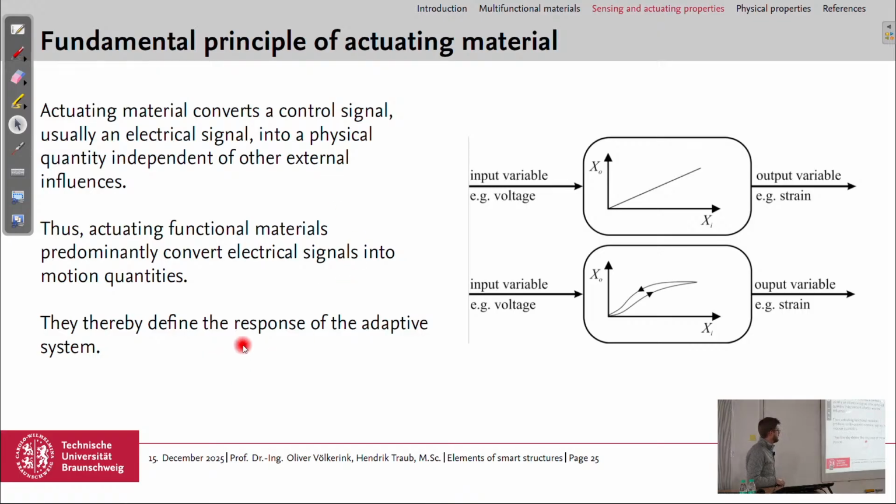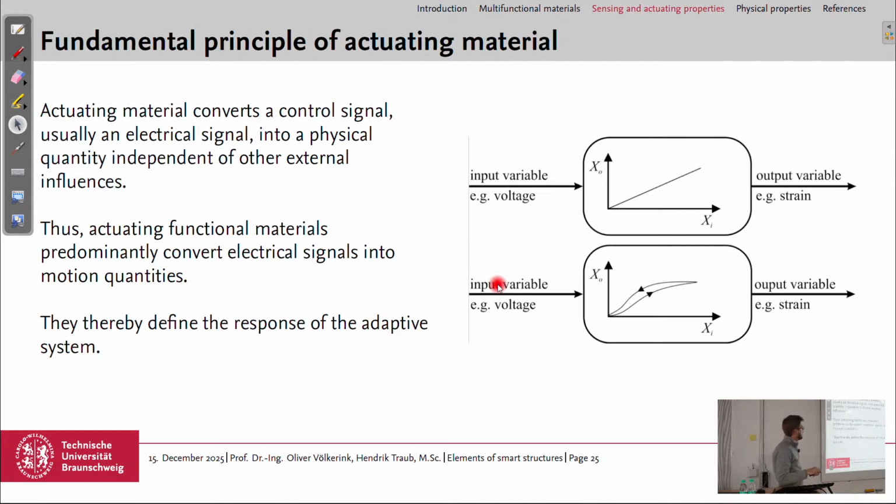And with this, we define the response of the adaptive system. So this is if we have the disturbance signal and the controller, then we use the actuating material to, for example, bring the satellite reflector back in its original shape, where we want to have a good transmission of the signal.